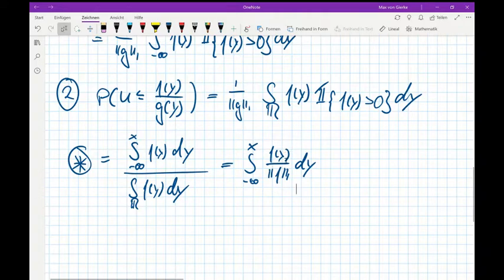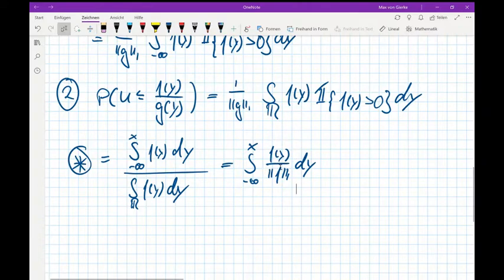This is the pseudo density of x, and by dividing through the norm, this is the probability density function of f.